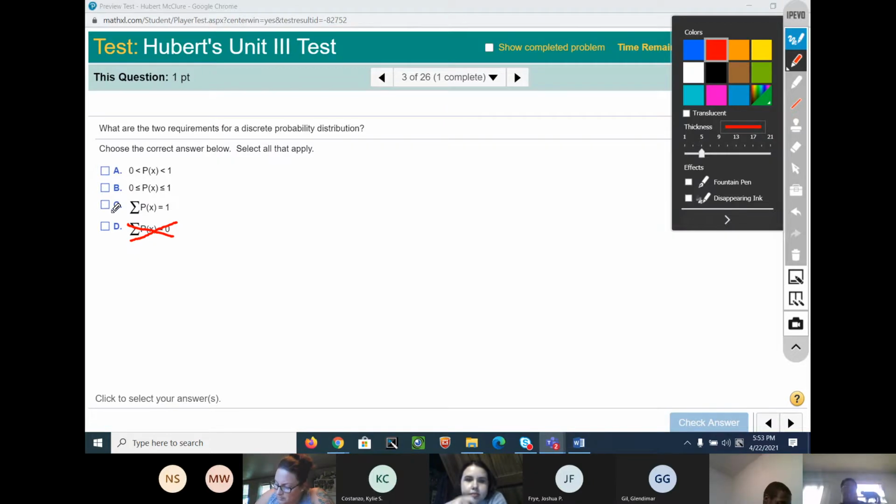So that means that C, since it has a summation, is the only one that could be right as far as C and D. So for C, I'm going to take my green marker and put a check beside C. Now, you can't use this one because I can have a probability equal to 0 or 1. So that means that your answer is B and C.